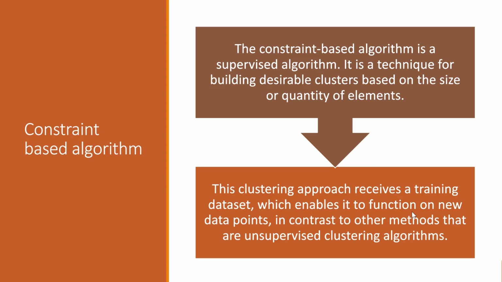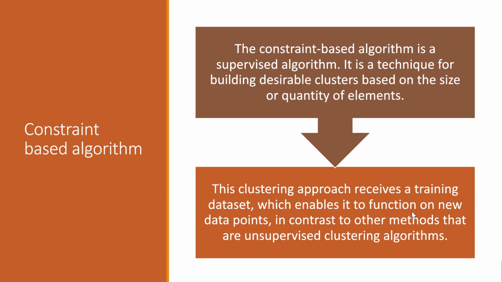So the next clustering algorithm is the constraint based algorithm. Now, unlike the rest of the algorithms that we have discussed so far, this constraint based algorithm is a supervised algorithm. Previously we discussed unsupervised algorithms, but this constraint based algorithm is supervised in nature. It is a technique for building desirable clusters based on the size or quantity of elements. This clustering approach receives a training dataset which enables it to function on new data points, in contrast to other methods that are unsupervised in nature.